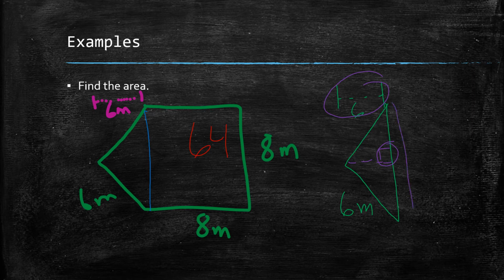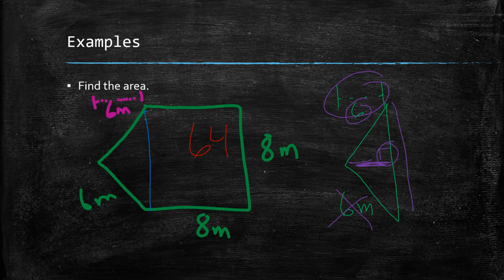So this is the base, this is the height, which is going to be this 6. Don't get that mixed up with the other 6. It's not this 6, but it will be 6 from the height.